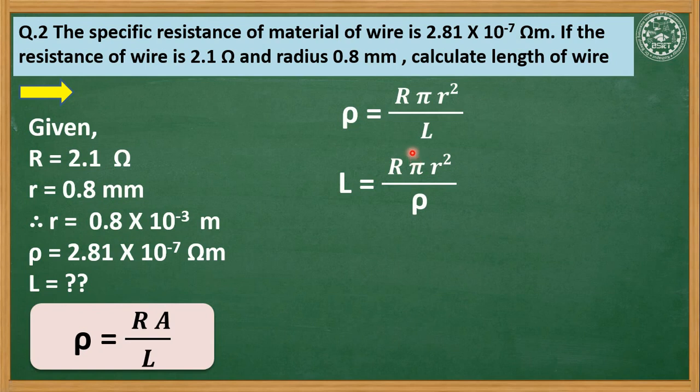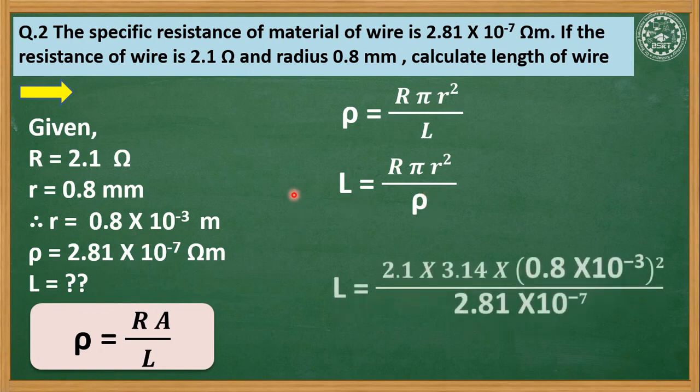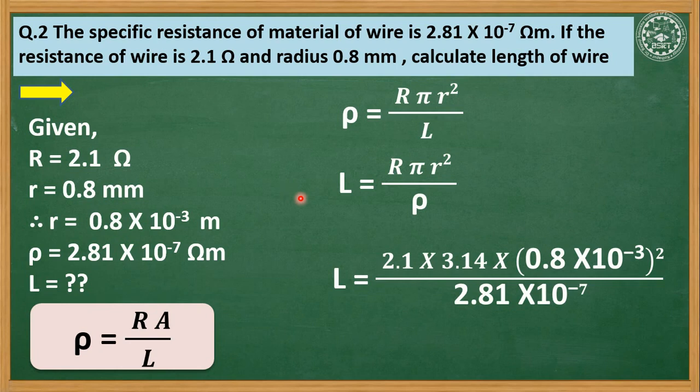We have put pi r square in place of a cross sectional area A because we know the radius. Okay. Now put the values in a formula. 2.1 into 3.14 into value of radius squared divided by specific resistance, and the length of a wire comes out 15.07 meter.